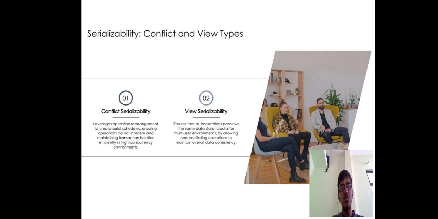Conflict serializability leverages operations rearrangement to create serial schedules, which ensures operations do not interfere and maintain transaction isolation sufficiently in a highly concurrent environment. And view serializability ensures that all transactions perceive the same data state, crucial in a multi-user environment, while allowing the non-conflicting operations to be maintained.